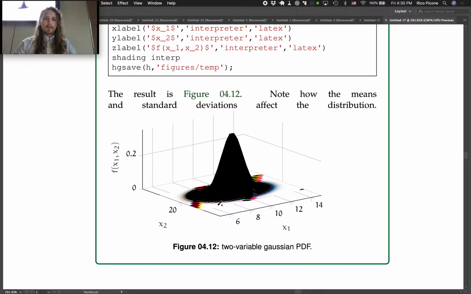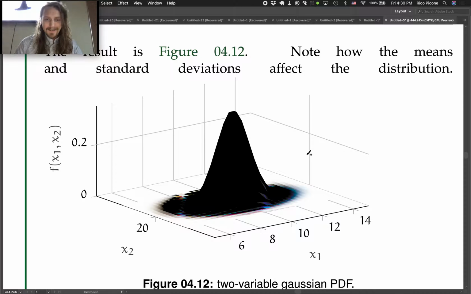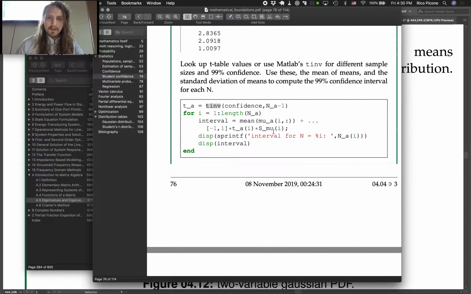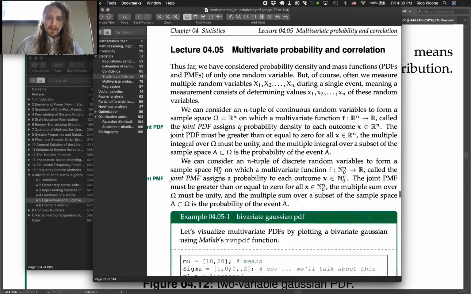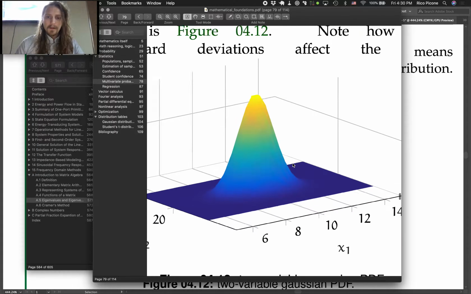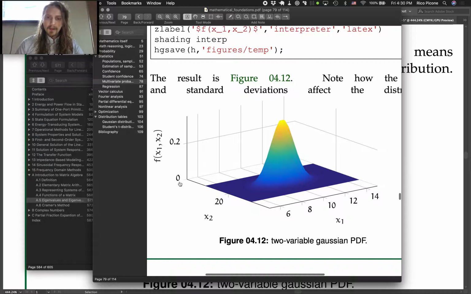And we'll plot it. Ooh, it does not come out very nice looking in Illustrator, but if I go over to this representation here, oh, it's nice and pretty. So we have random variables x1 and x2 with the means 10 and 20, and we've got some probability density function over it that we're plotting.